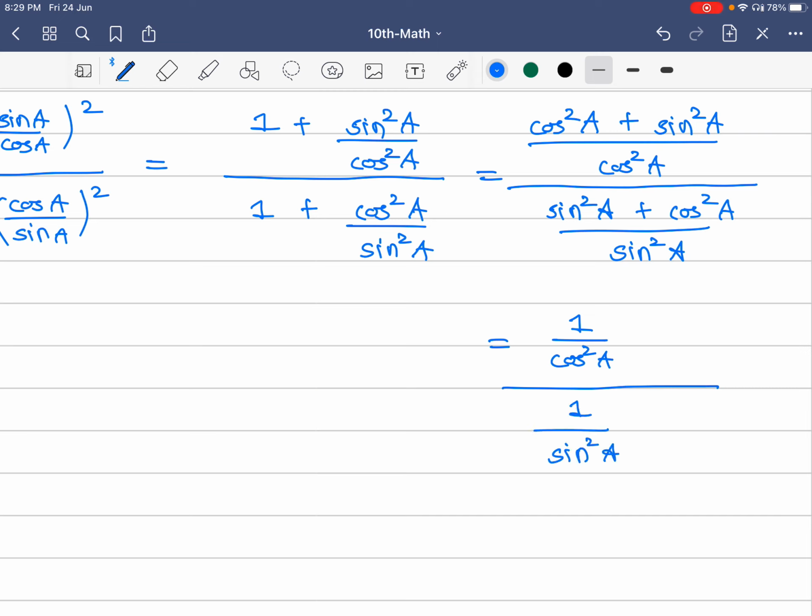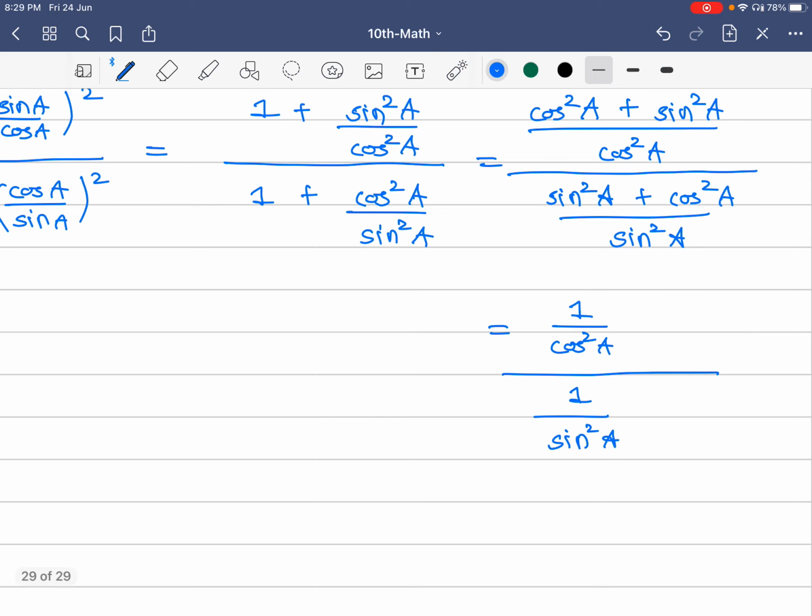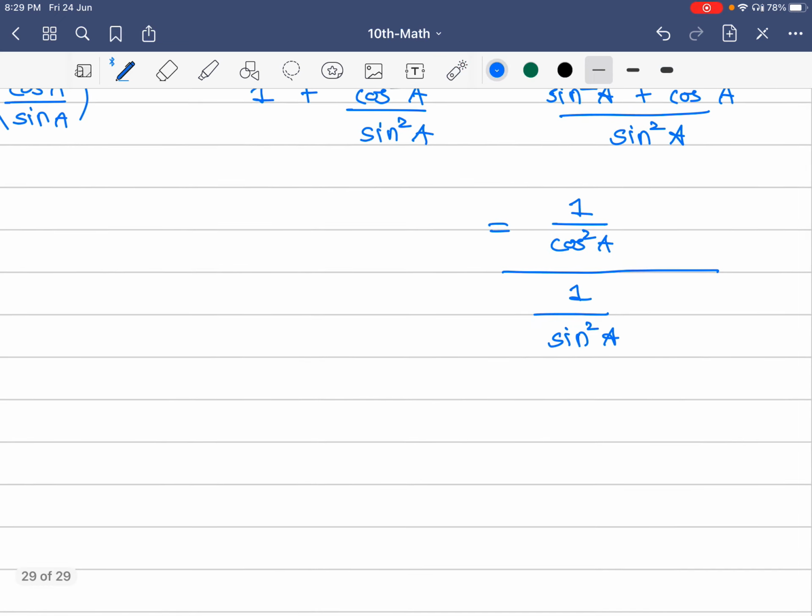Now this sine square a should be taken to the numerator. How we do it is, we multiply the numerator and the denominator by sine square a.